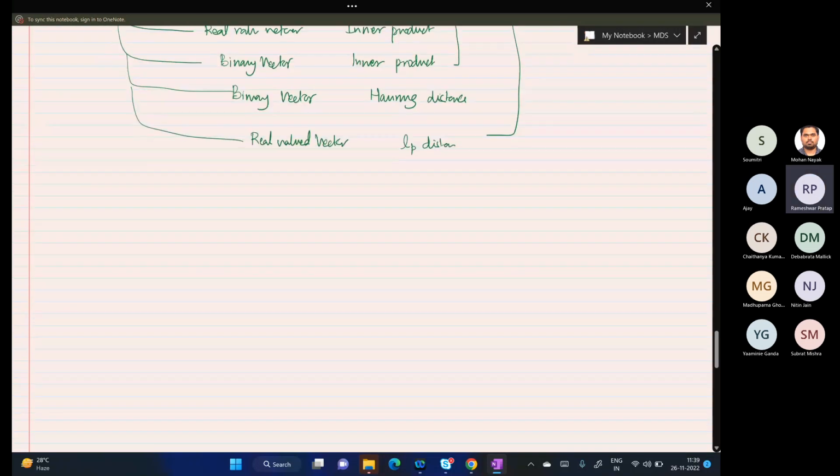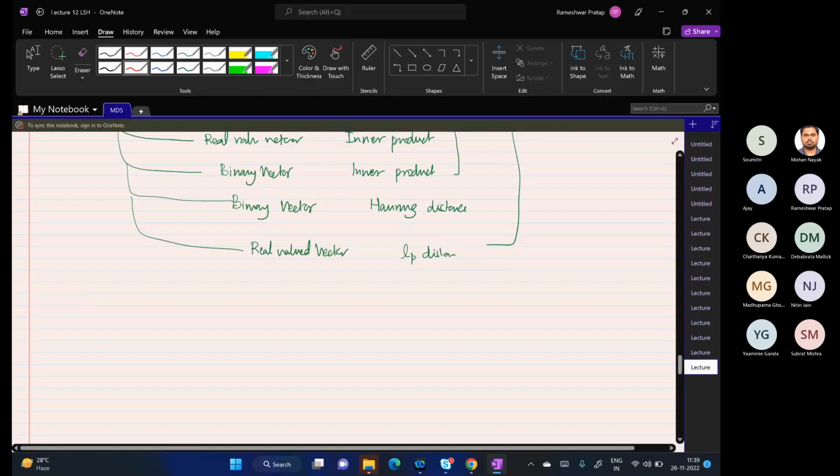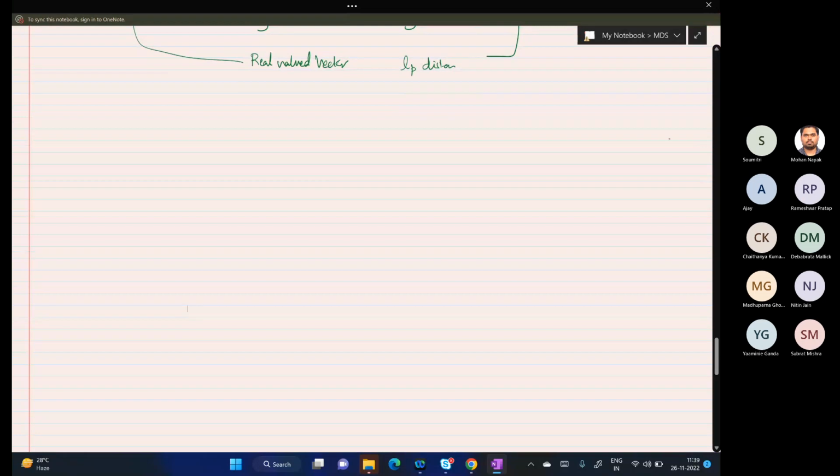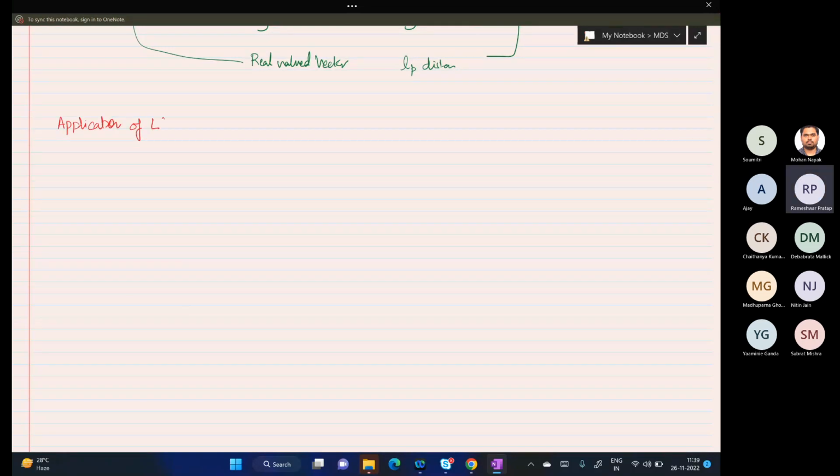Okay, so now we'll see some quick applications of LSH. Have you seen or studied any application of LSH in the work you do?